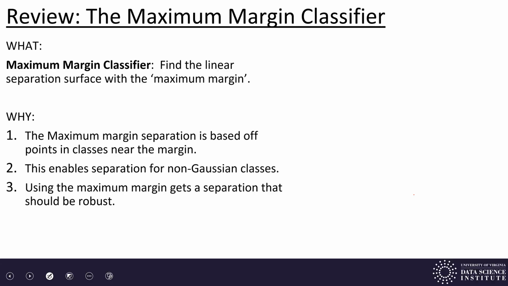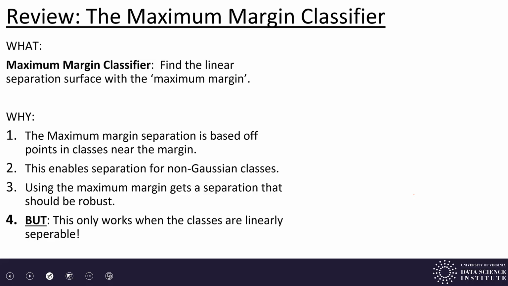Maximum margin classifier gets a separation, should be robust, right? Talking about when you can find that separation. If you think of the margin, it's the amount of error that could occur, or noise, or change in the data points close to the separation plane. And if their noise or change in values is less than the margin, then they remain classified properly.